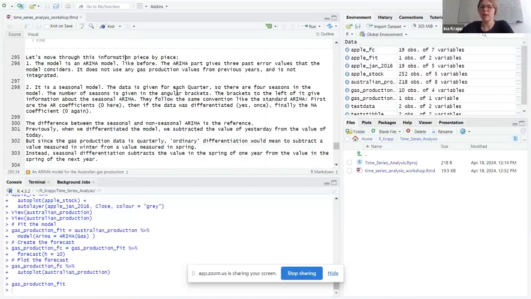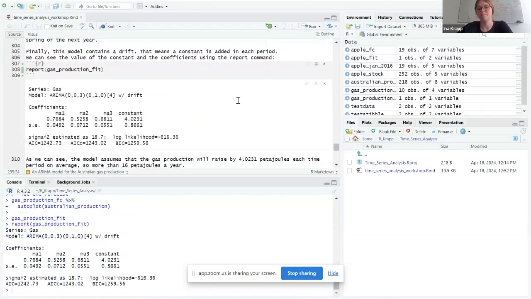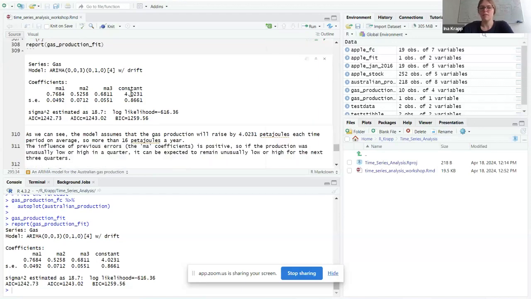And we can take a look at how large this drift is by using the report command. As we can see, gas production roughly increases by a value of 4 in each season. We also have the values of the moving average components shown here and can see that all 3 past errors have a positive impact on the present day value we aim to model.